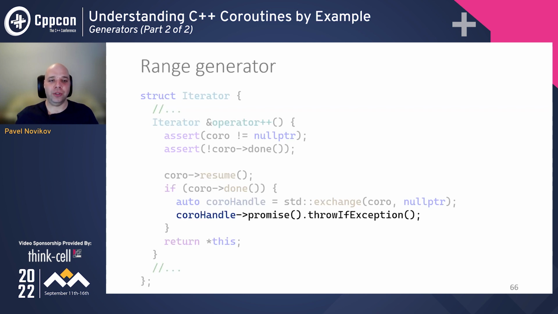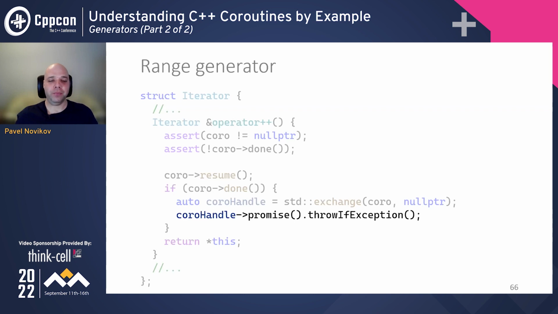We ask the coroutine to be suspended. At this point, the coroutine gets into the state that's basically finished. In this case, done, that we can call on the coroutine handle, tells us that the coroutine is done, is in this finished state.